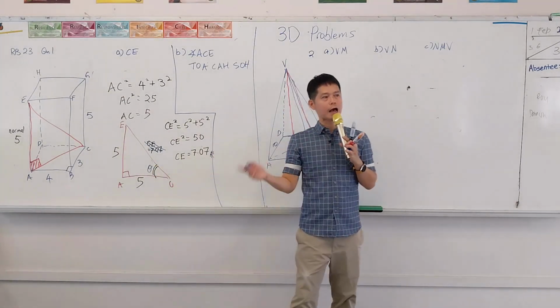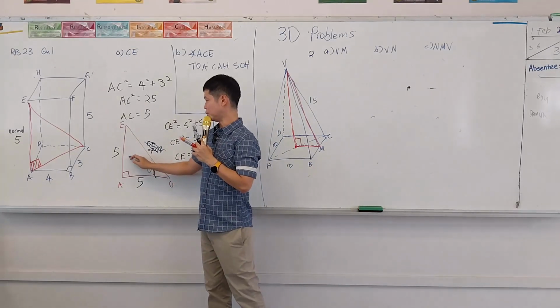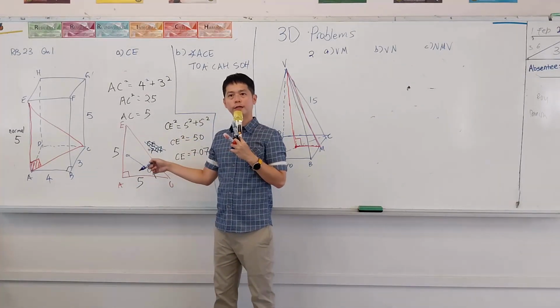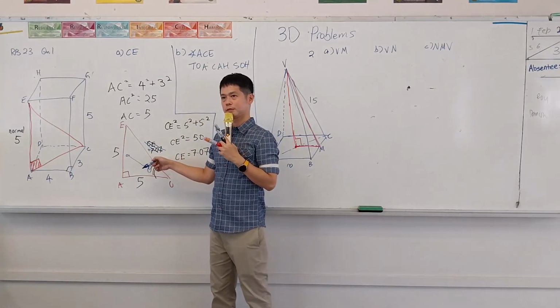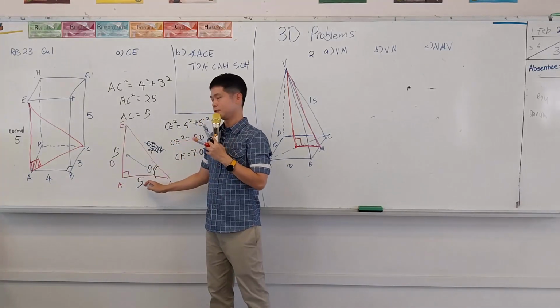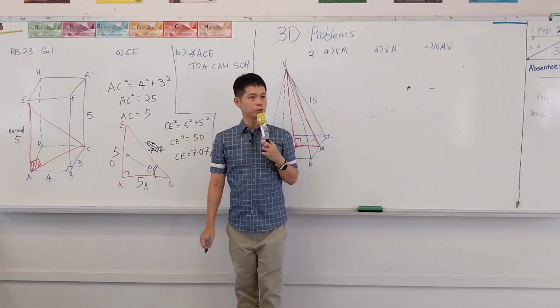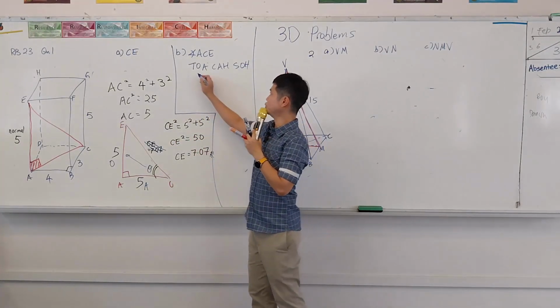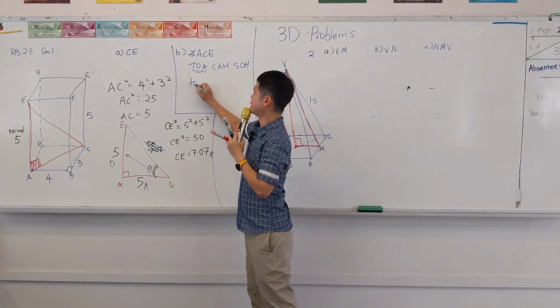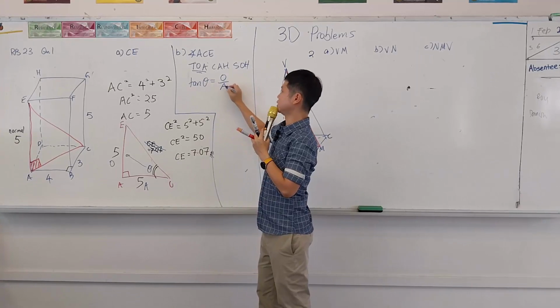Do I use Toa, Cah, or Soh? You have to label. This is your opposite, and this is your adjacent. So I will use Toa. Tangent theta is opposite over adjacent.